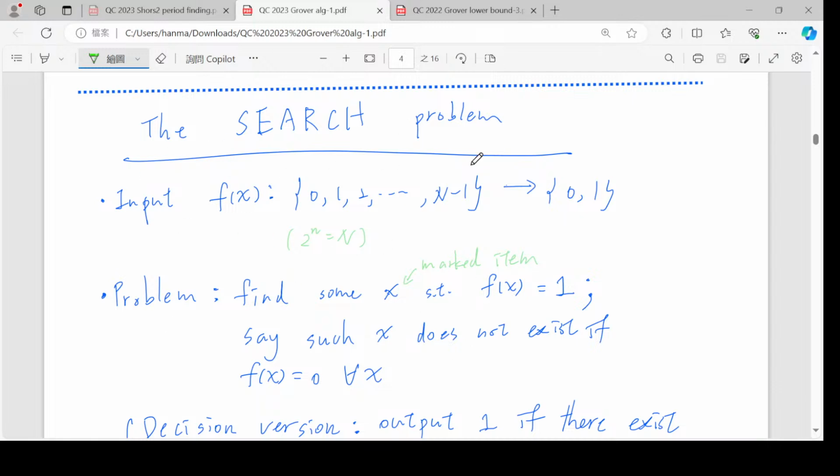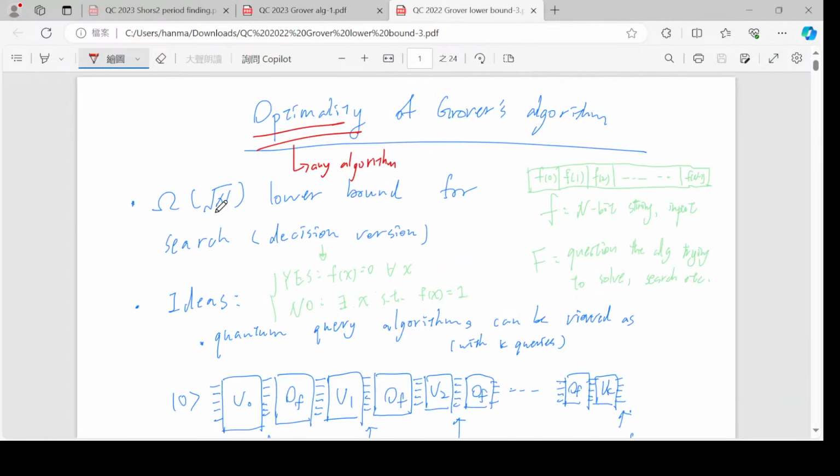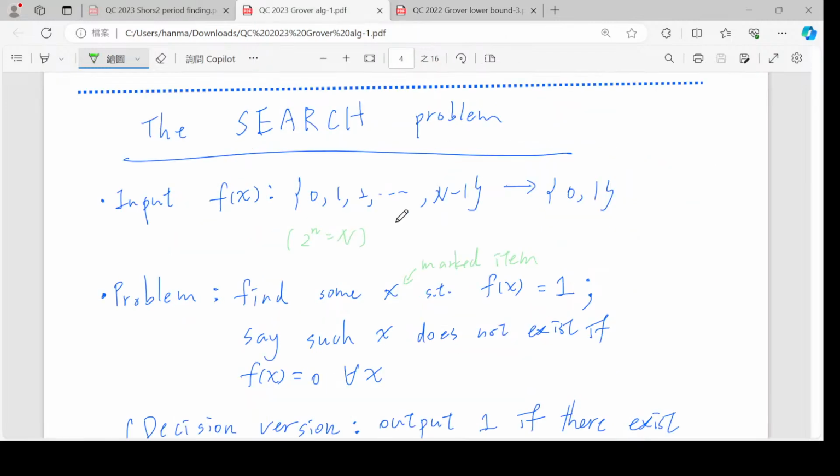It's the problem where you are given this oracle of small f, and you want to find a marked item. We see that Grover's algorithm can find a marked item in order square root n time, and we want to say this about any algorithm, not only Grover's algorithm. If you construct any quantum algorithm, it's actually not much better than Grover's algorithm.